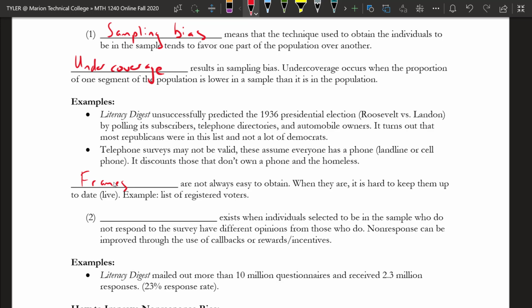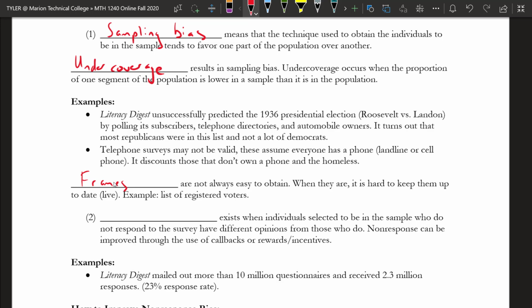Even if it's easy to attain, for example, if I wanted a list of all registered voters in Ohio, theoretically I could get that list if I had the rights to get it. But the difficulty is that a frame is a snapshot in time.